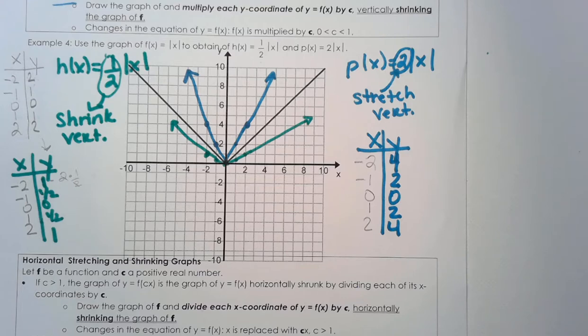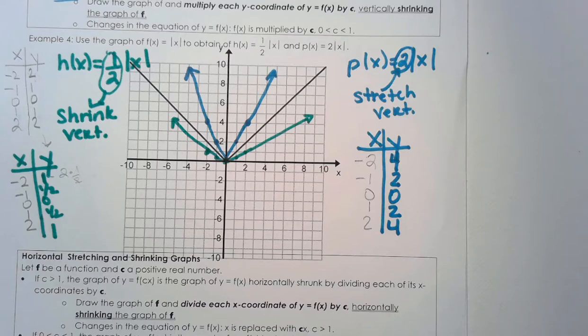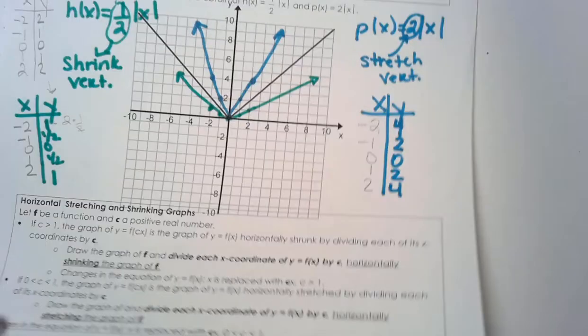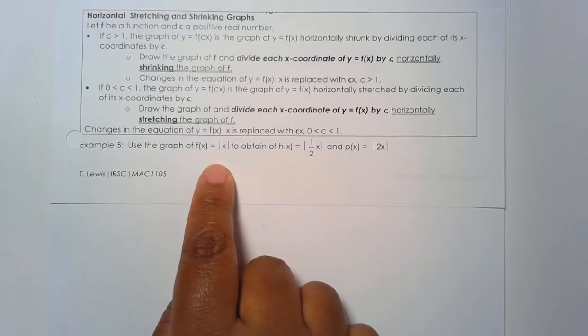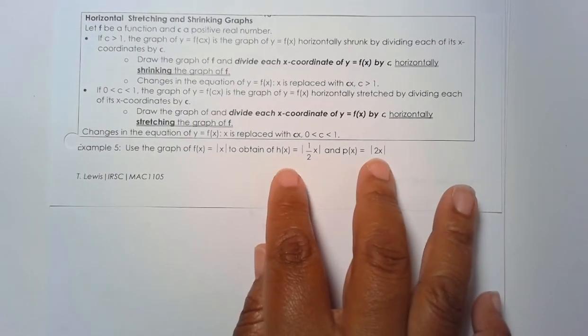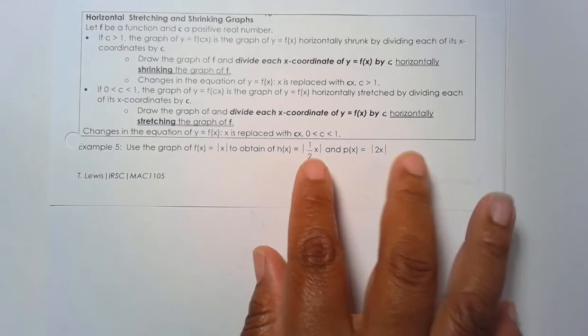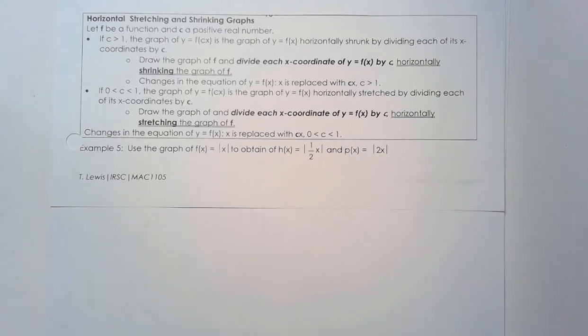Okay. Now that was vertical stretching and shrinking. Now let's look at horizontal stretching and shrinking. So using the same absolute value equation, but I want you to look at what it's asking us to graph here. Look at our 1 half and our 2, where it's positioned.